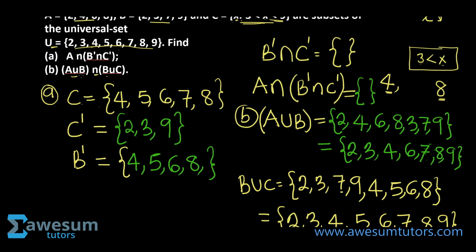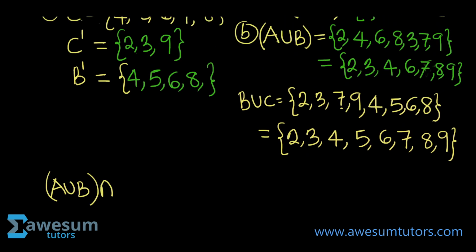A union B intersection B union C. Now remember what we said intersection is. Intersection is what is common to both.